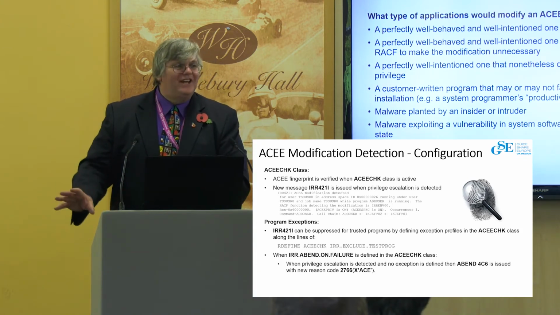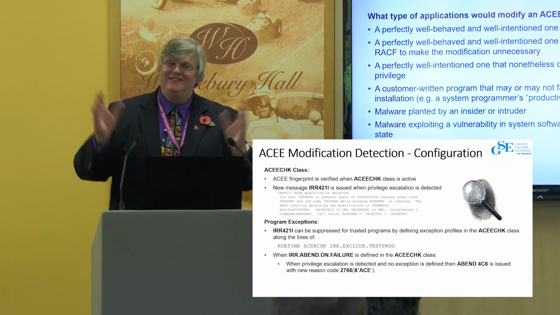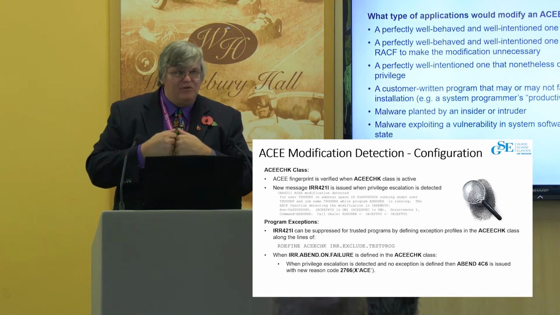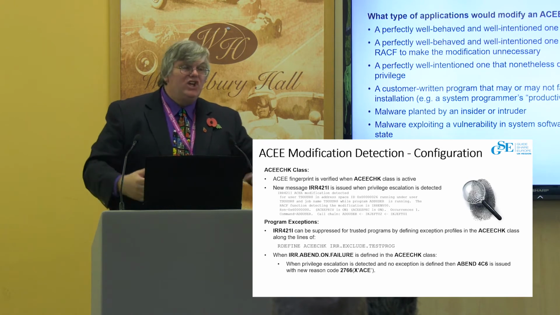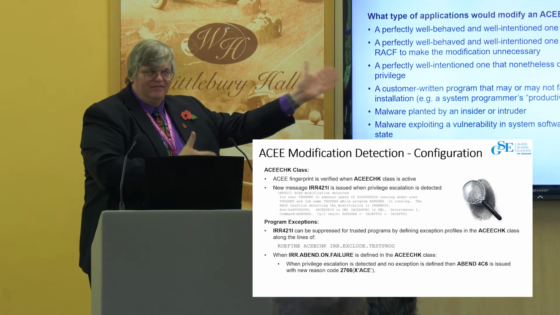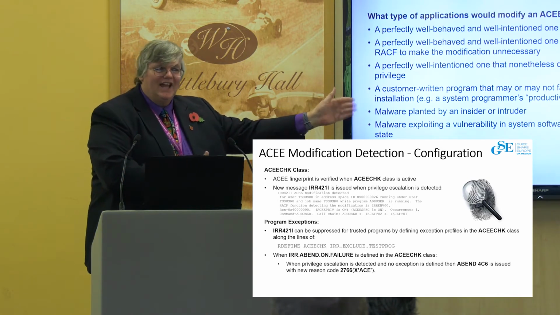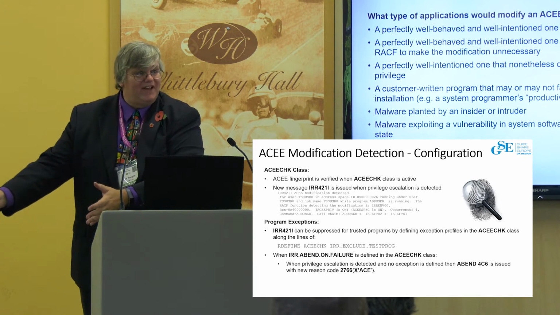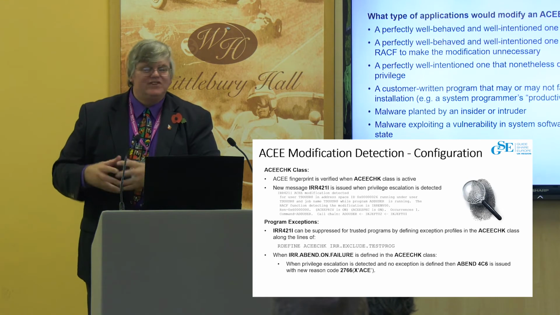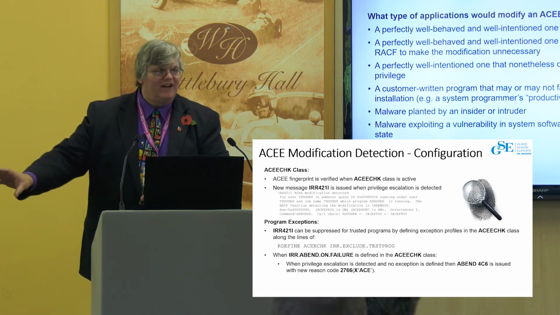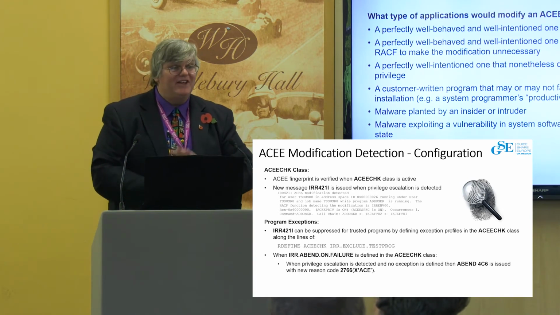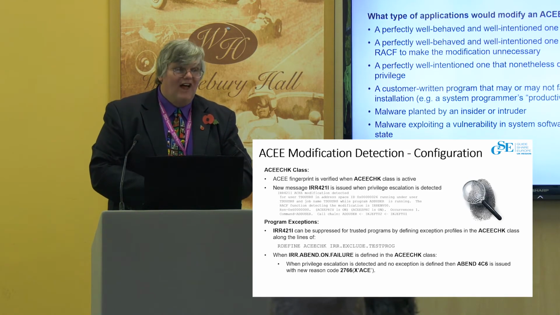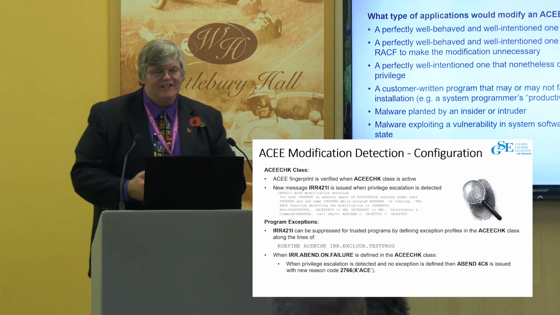So not just anybody can do that, because if anyone can do that, game over. But that meant that if you were a resource manager opening arbitrary data sets, you don't have to manipulate the ACEE to say I can open anything. When you're actually opening the thing, you can say bypass RACF. That's a wonderful step forward in technology, but the resource manager has to make a change to take advantage of it. Many of them didn't. A lot of them stepped up to it once we started doing the ACEE detection.